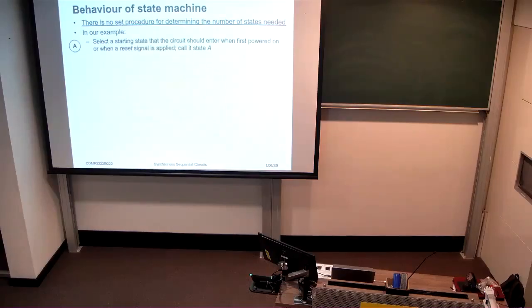So we're going to select a starting state that the circuit must be put into when it gets reset or started. We're going to just call that state A. And in that state, we need to consider, well, what inputs can we observe in that state, and what should be the circuit's response as a consequence of this.